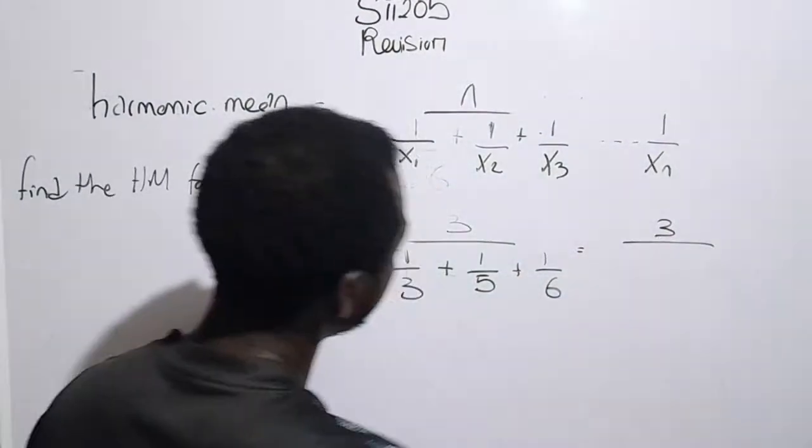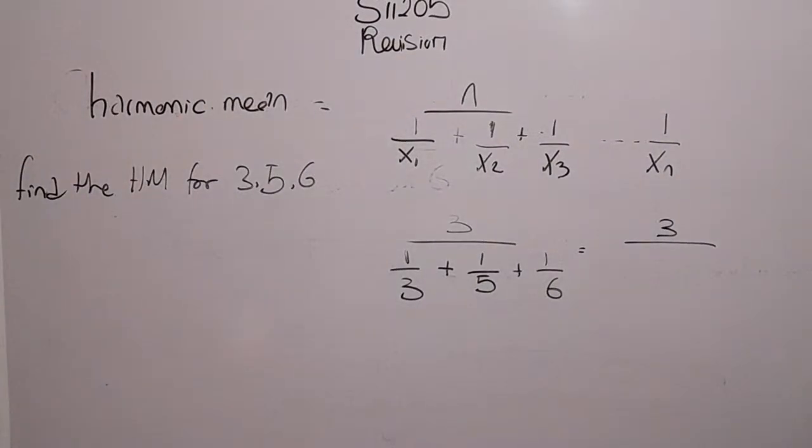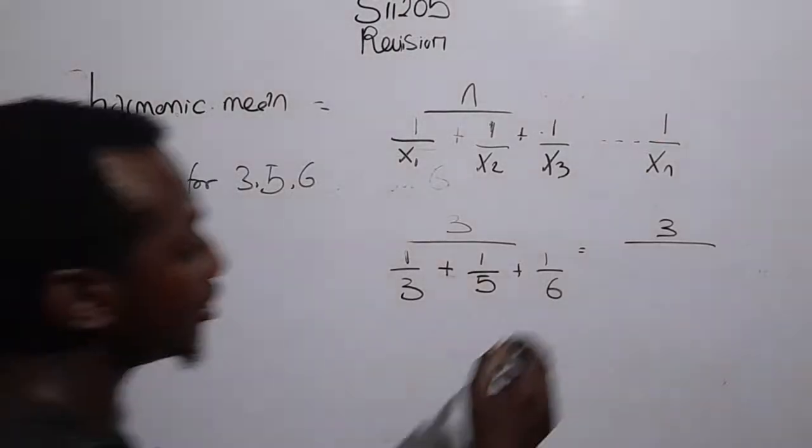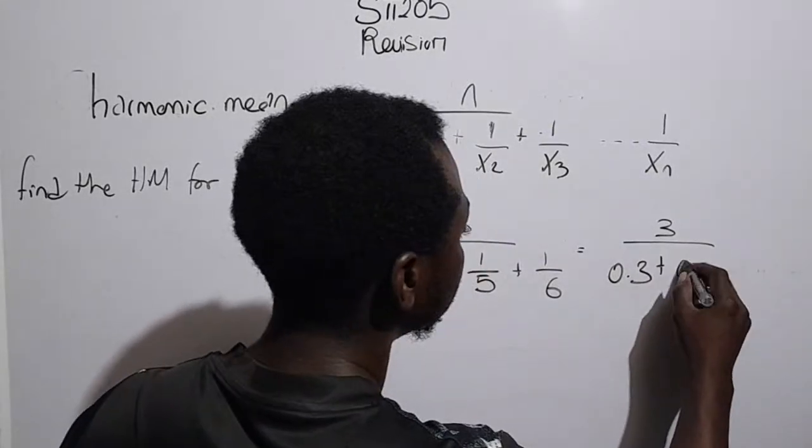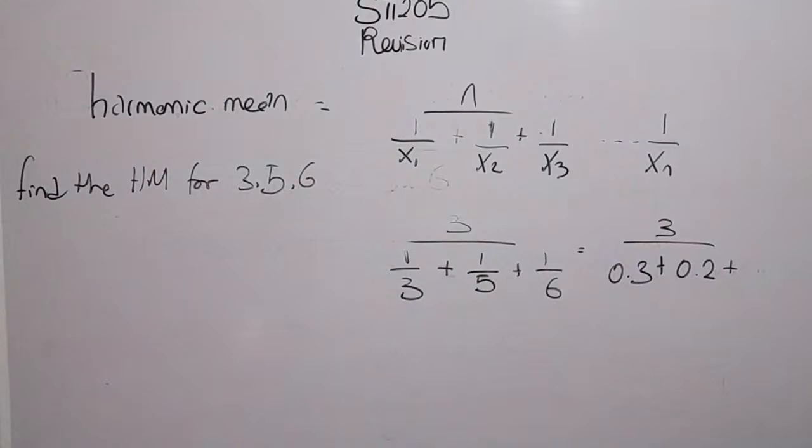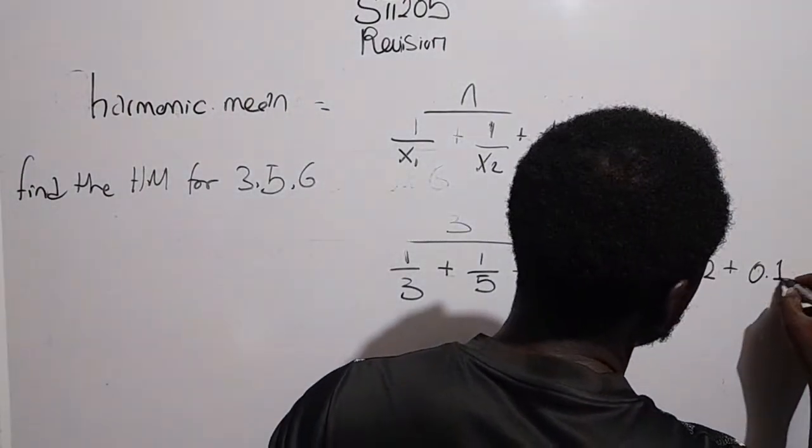From here, we have 1 divided by 3, which should be 0.3, plus 0.2, plus 1/6.